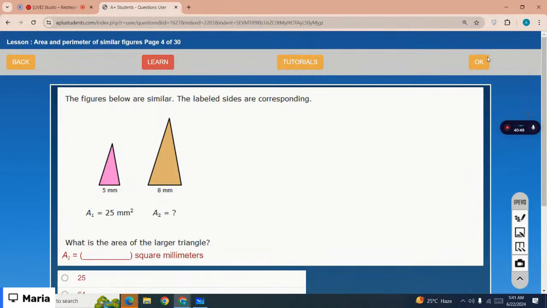The figures below are similar. The labeled sides are corresponding. What is the area of the larger triangle?